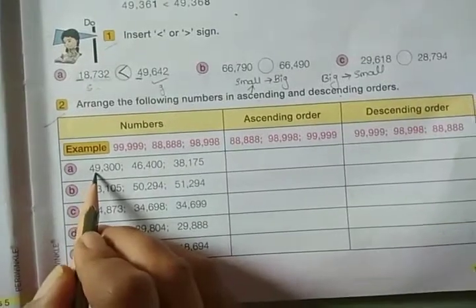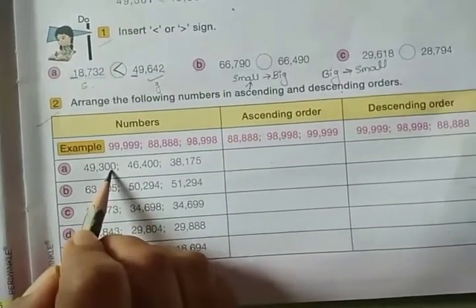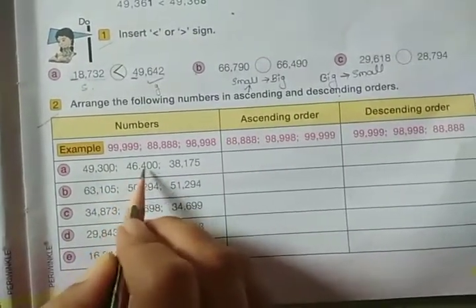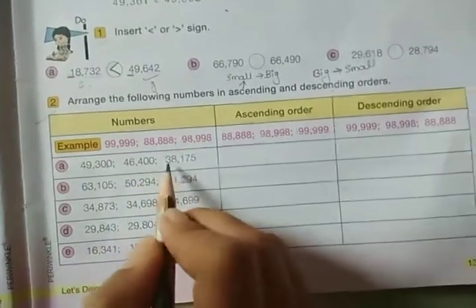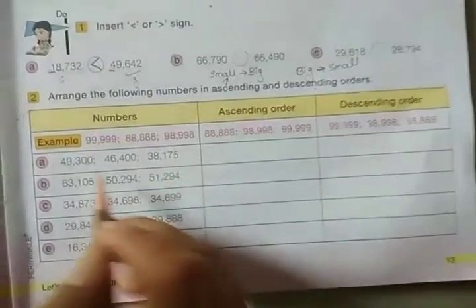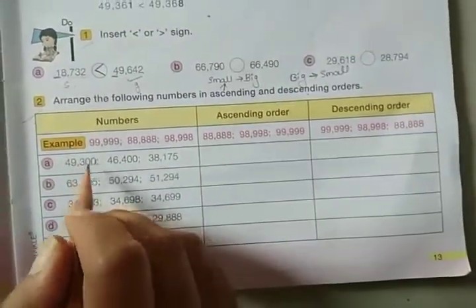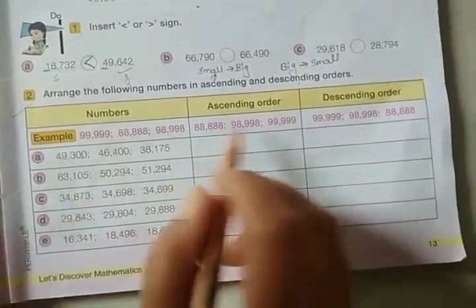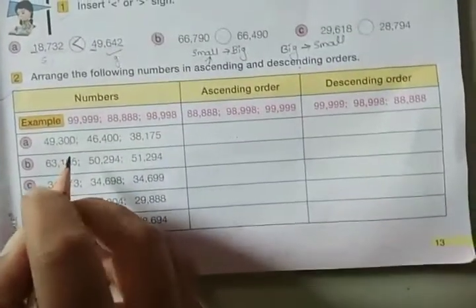Let's see A1. Let's read the numbers first. This is 49,300. This is 46,400. This is 38,175. Now we'll compare these numbers and arrange them in ascending and descending order. Compare the numbers in the 10,000 place.